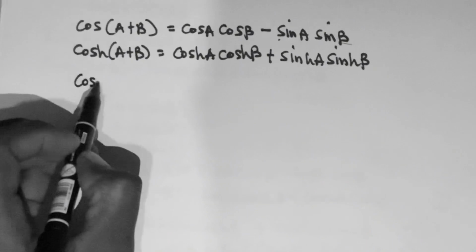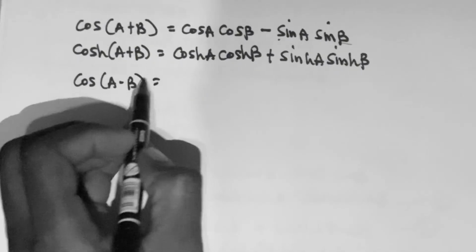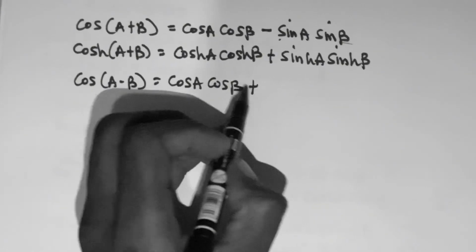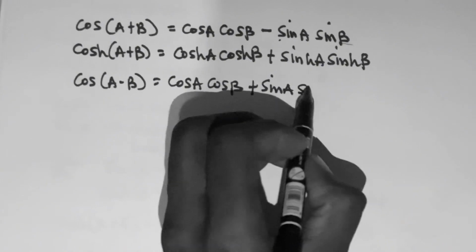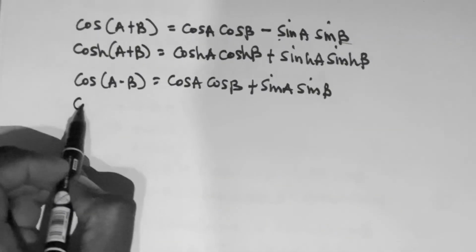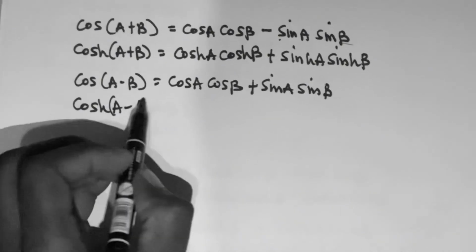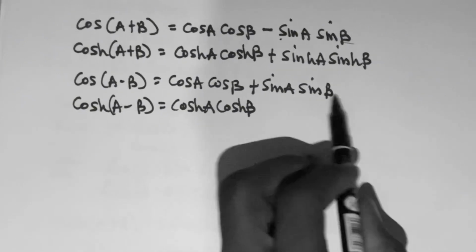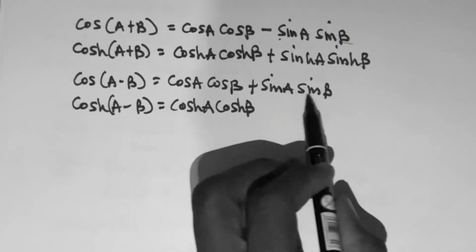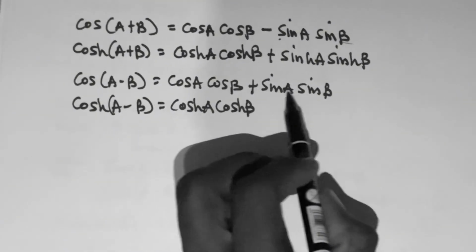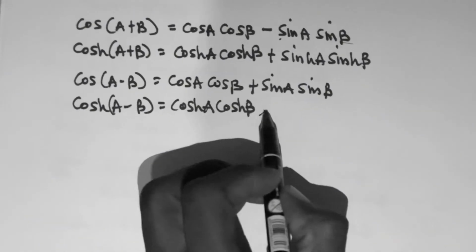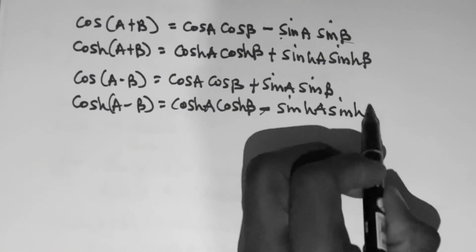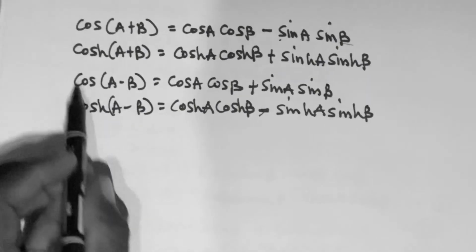Now let's write cos(A minus B), and that becomes, from trigonometry, cos A cos B, then plus sin A sin B. But in terms of hyperbolic functions, cos(A minus B) equals cos A cos B. Then now the product of two sine functions, we need to change the sign, so this becomes minus sinh A sinh B. So let me write this equation beneath this.